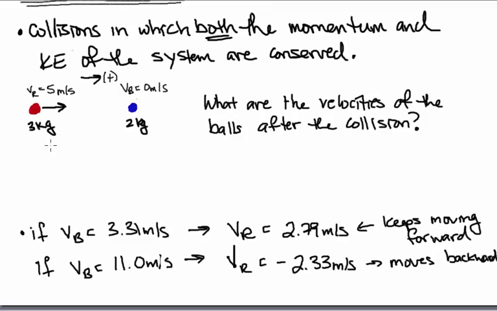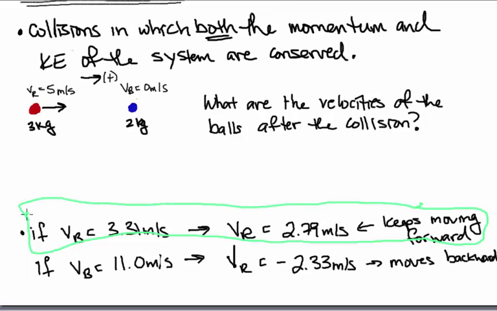Because the red ball is more massive, it makes sense that after the collision it will continue moving forward, and it's going to be moving more slowly than it did before, which again makes sense. So it stands to reason that this is the most physically reasonable answer.